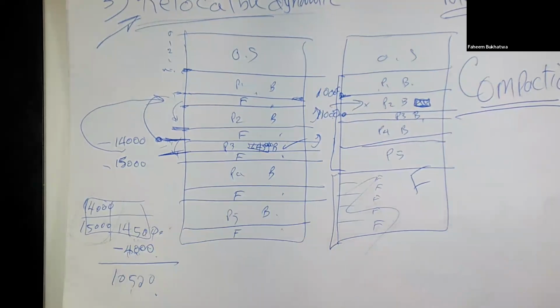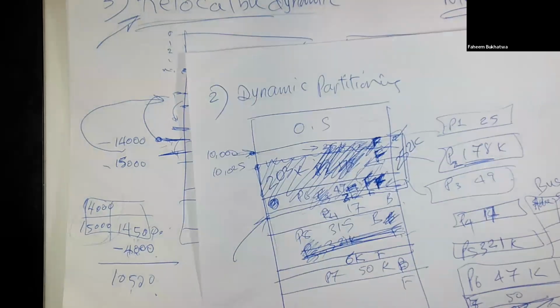So we have some kind of correcting address. We call it the relocatable address. So for every program now, if we move it up, we have to give it a minus number. If we move it down, we give it a plus number to indicate its new location. And we don't stop it later on from working.